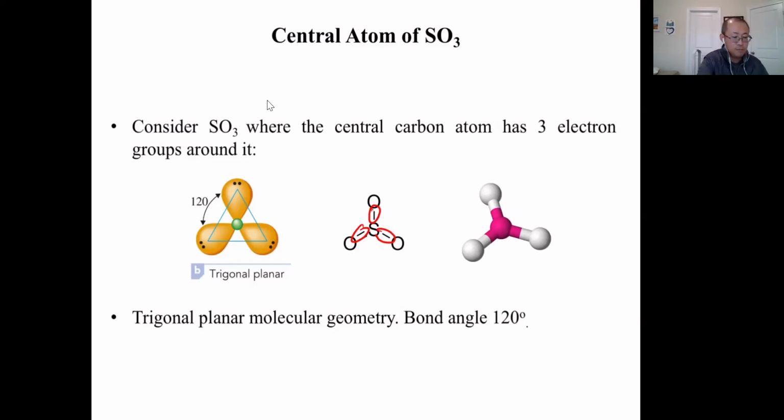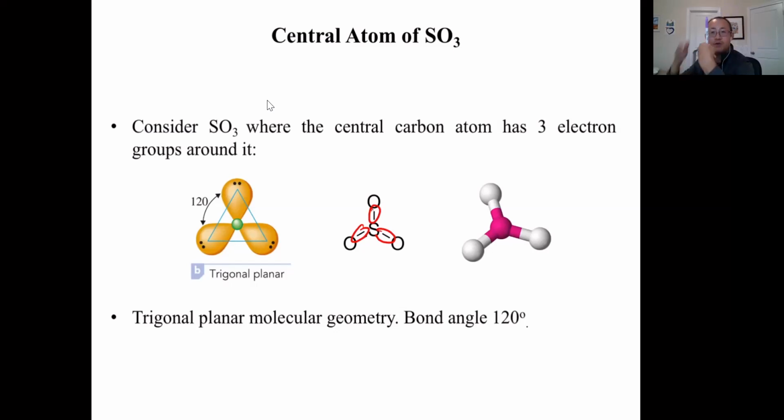Let me grab some pins to show you. This is 3 electron groups. A bond angle of 120 means these 3 bonds are in the same plane, like a triangle. The bond angle here is 120, 120, 120, and we call this trigonal planar geometry.